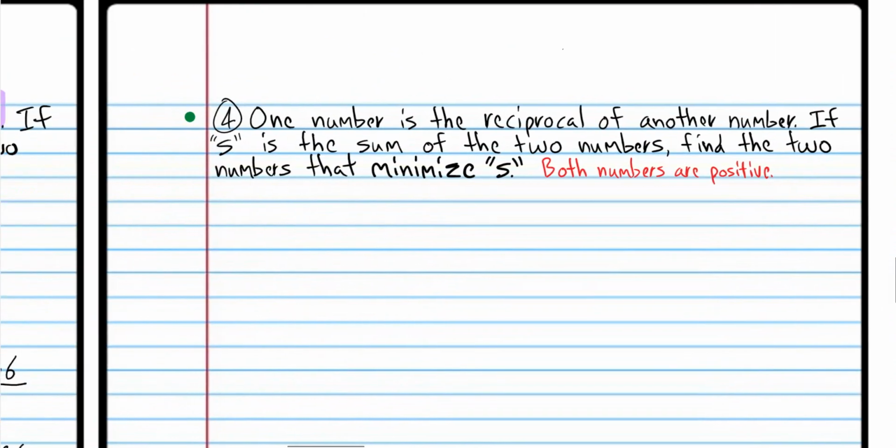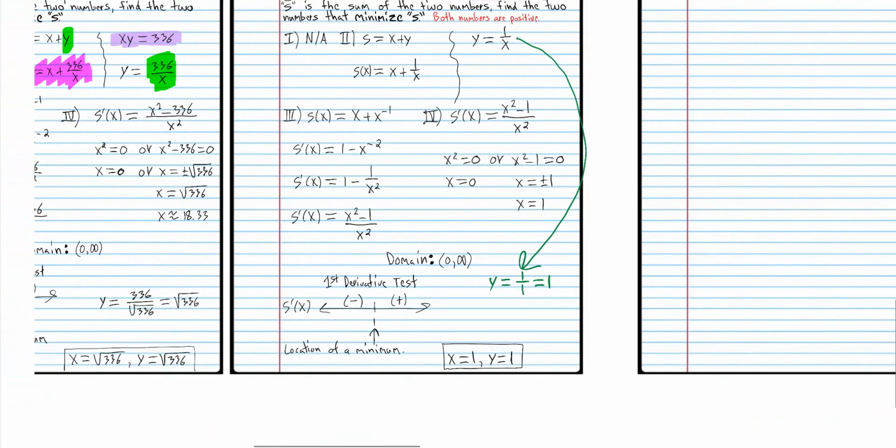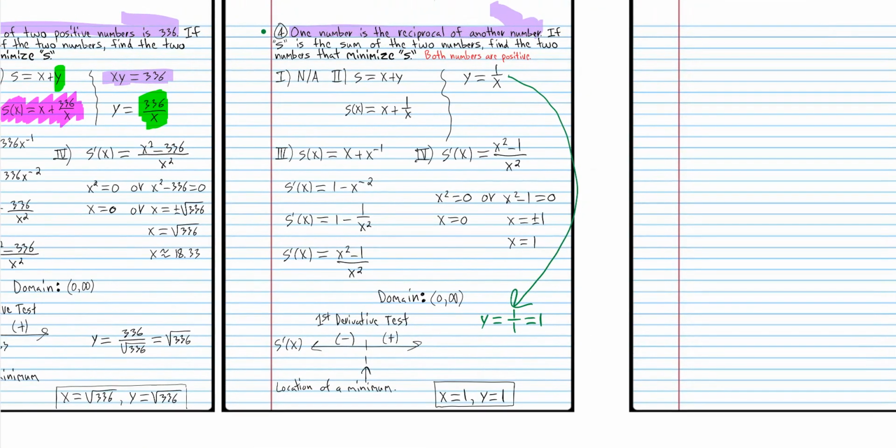Okay, we're back. So x is 1 and y is 1. Those are the numbers that minimize the sum. So if s is the sum of those two numbers, the two numbers that minimize that sum are 1 and 1 if the numbers are reciprocals of each other.